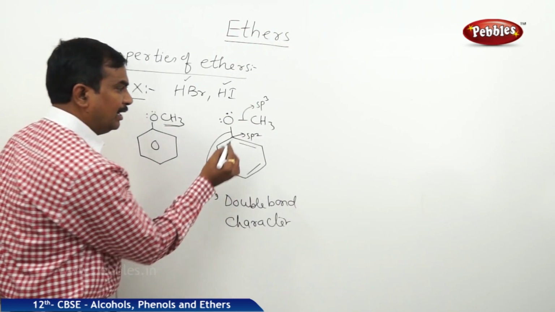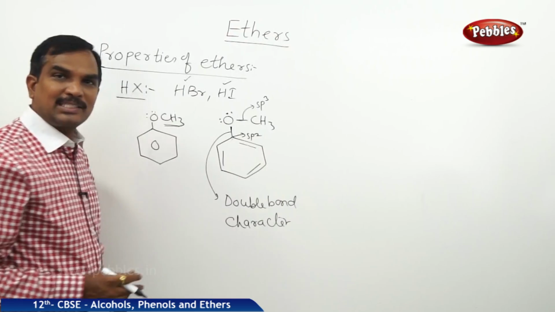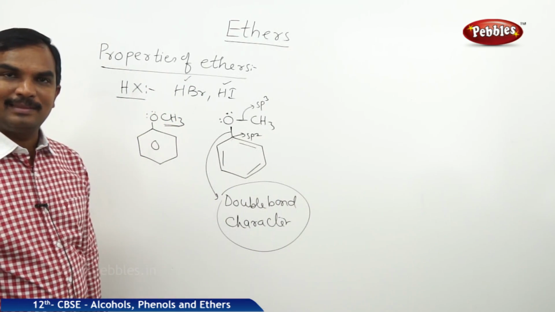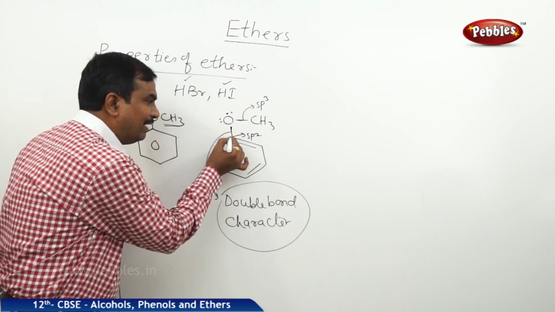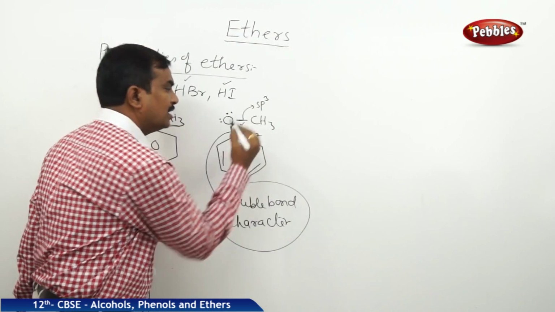That's why if you compare the bond strength of this OC bond as well as this OC bond, which is stronger, this is stronger. That's why this bond cleavage is difficult, but this bond cleavage is easy.